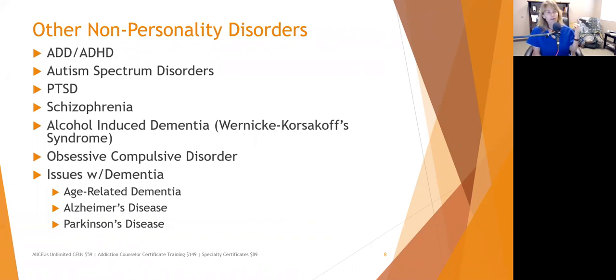The plaques that build up in Parkinson's disease cause problems, and about 50% of people with the disease will have some hallucinations or delusions at some time, and you can see some dementia forming in those people. Not all the time, but it is something to be aware of. If your client has Parkinson's or Alzheimer's, or if you see any other signs of dementia, it is really important to get that checked out so they can reverse anything that's reversible and learn how to deal with anything that's not reversible.